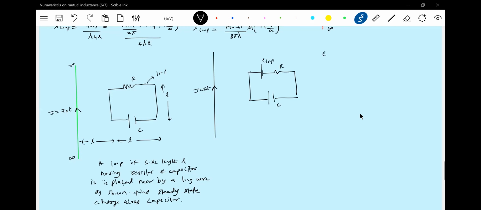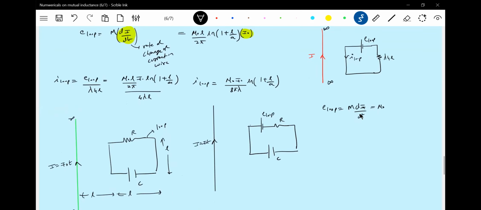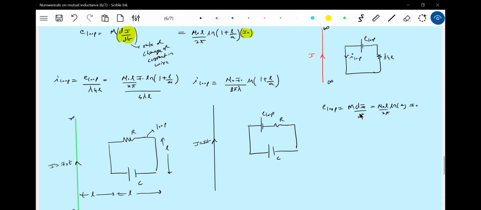The expression for EMF should be equal to M di by dt, which is mu naught L by 2 pi, log 2, di by dt is I naught. Hope everyone is able to understand here.